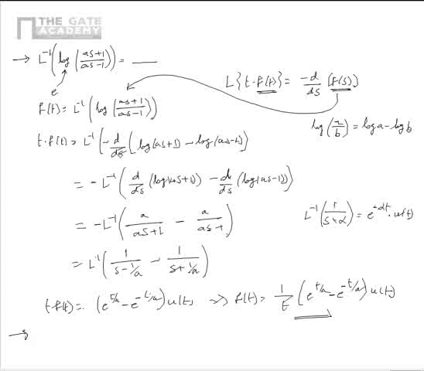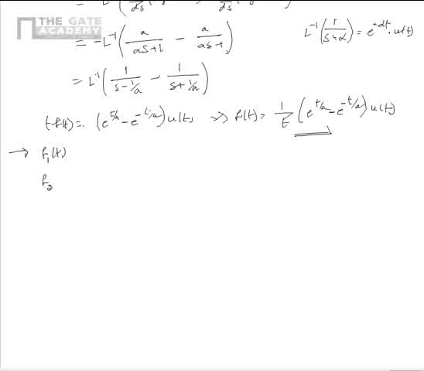Now let us look into another problem as per which there are two functions f1(t) and f2(t), which are given as f1(t) equal to u(t) minus u(t minus T), and f2(t) is equal to delta(t) minus delta(t minus 2T).